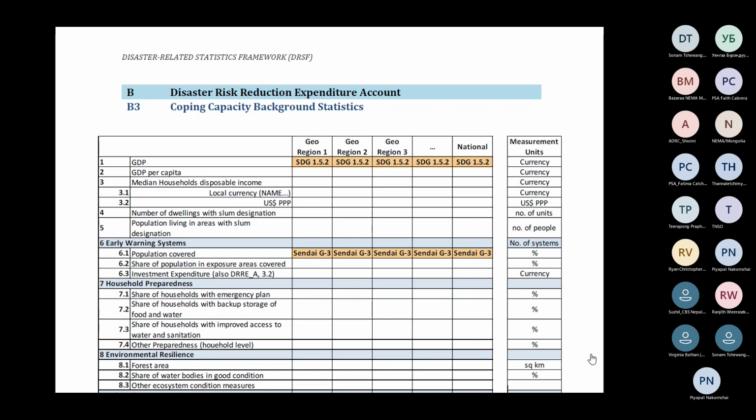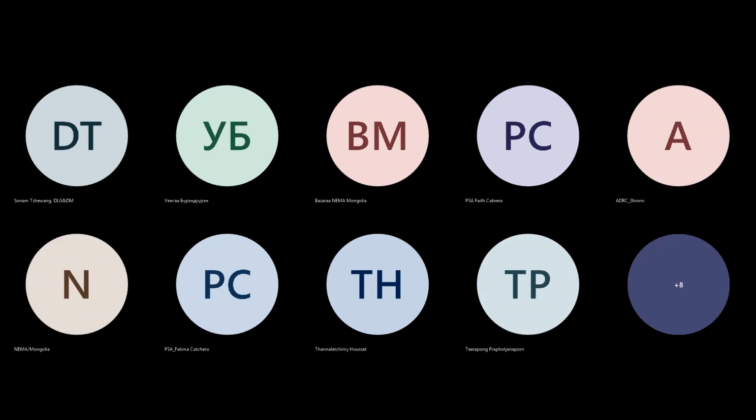The reason is that in the disaster-related statistics framework, this table is put together as an example of a list of statistics that countries could consider as their list of important coping capacity information.